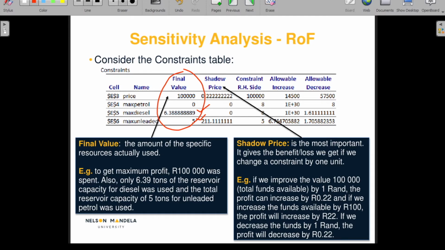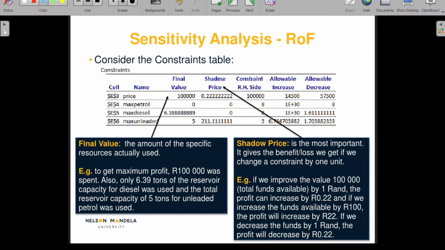The shadow price is 0.22, so that will be 0.22 rands or 22 cents. If we increase the available funds by 100 rands, in other words 100 units, then the profit will increase by 100 times 0.22, so it will increase by 22 rands.